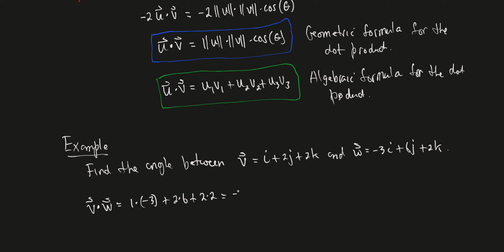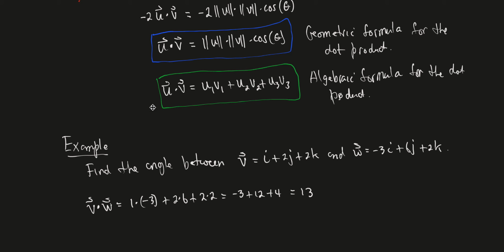What do we have there? Negative 3 plus 12 plus 4. So that's 13.